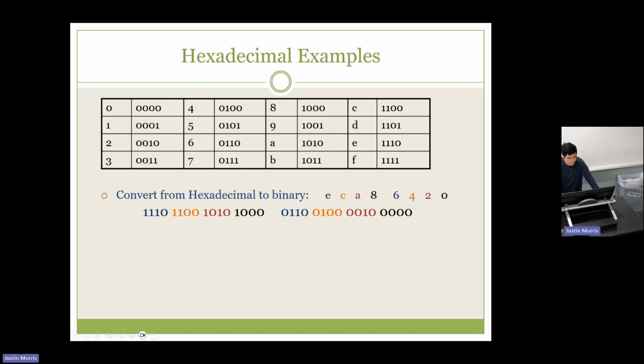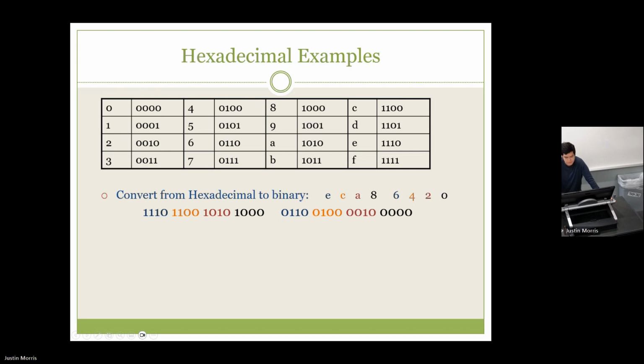A is easier to remember. It's 10. I remember it because it's 1, 0, 1, 0. And then 8 is just going back to the other. You're not using the digits above 9. So 8 is 1, 0, 0, 0. And then 6, again, same thing.